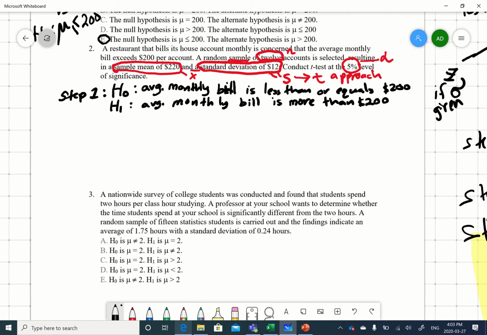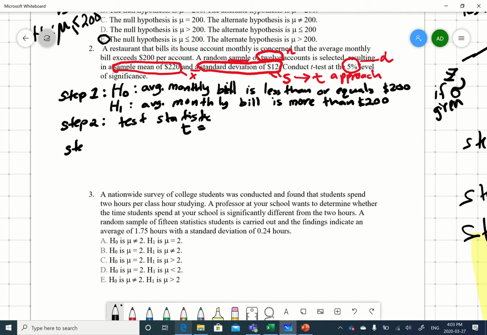Okay, right. And then step 2, we still don't know, but we know it's a t-value, because of the sample standard deviation. So the test statistic is a t-value. T equals, we don't know that yet.